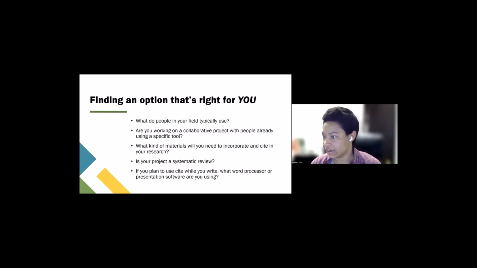And then if you plan on using Cite While You Write, consider what word processor you use, because it is built into certain word processors and doesn't have an option for others. For example, if you are using the premium Overleaf, Zotero is built in. That might be something to consider.